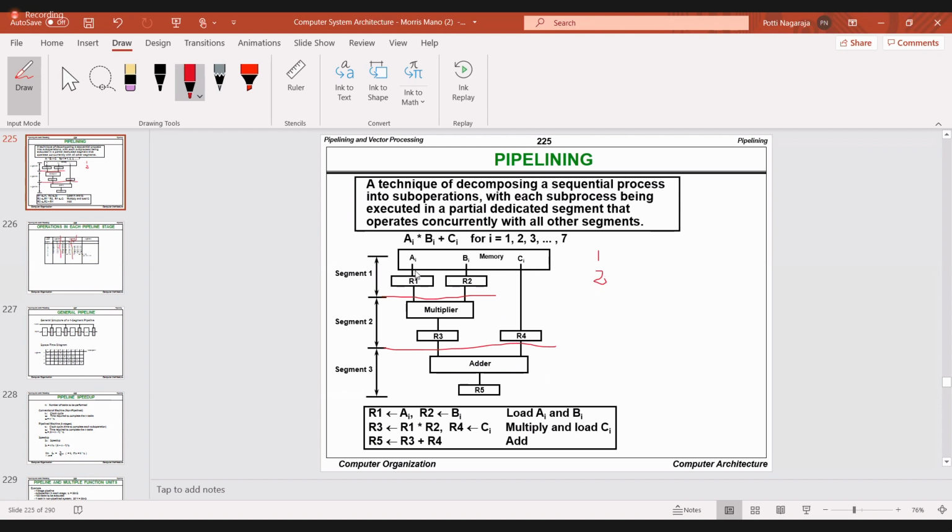What is the R1 value? A1. R1 is A1 and R2 is B1 in the first clock pulse. Now in the second clock pulse, what is the R1 value? It is A2.